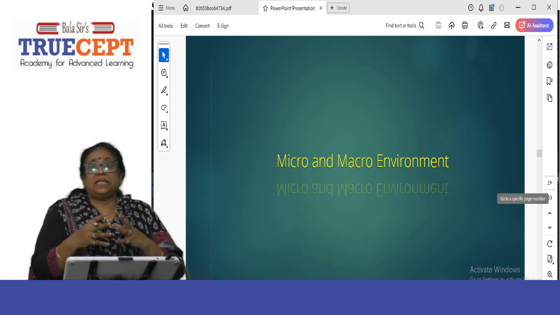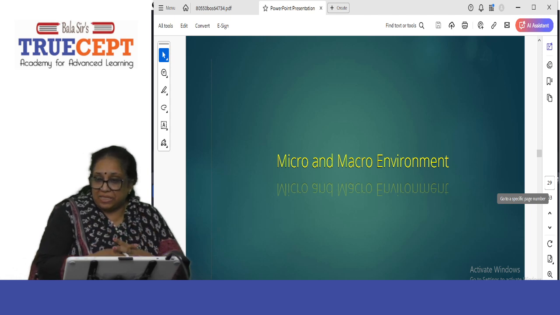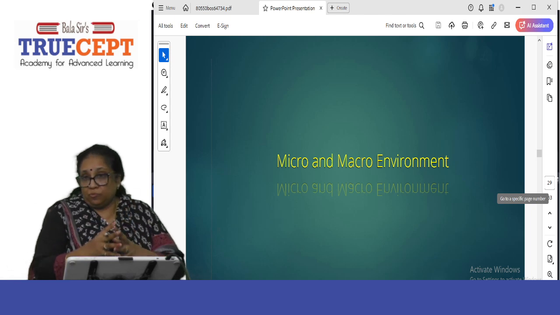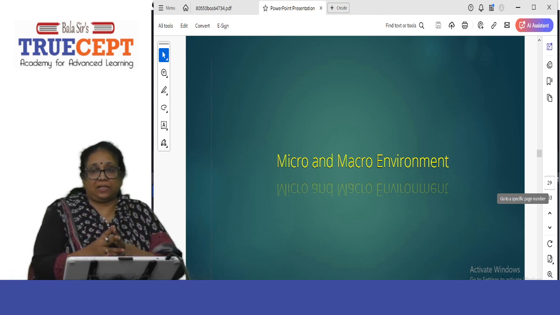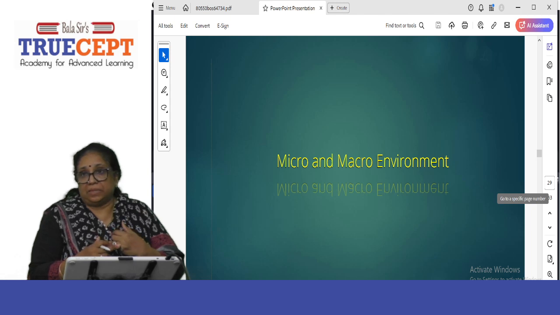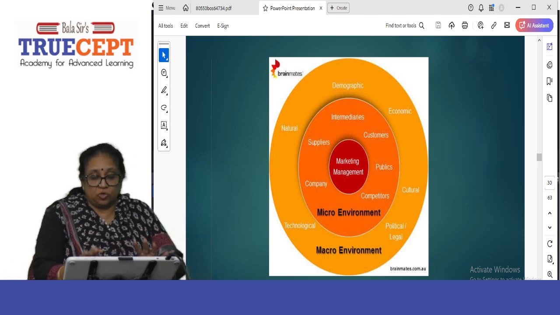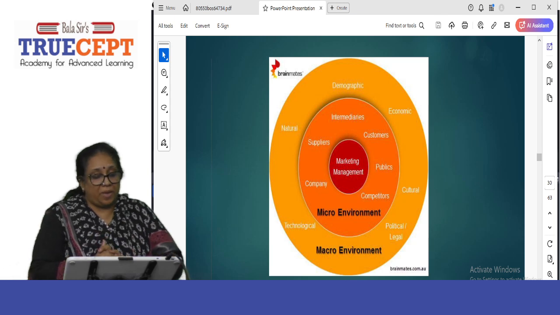Macro environment, he has looked at more like tax subsidies and other things, which is more like the political legal environment. So you would have to actually tackle the question, talking about the political legal environment and the economic environment. So we will be taking this into consideration. See, this is your micro environment and your macro environment.